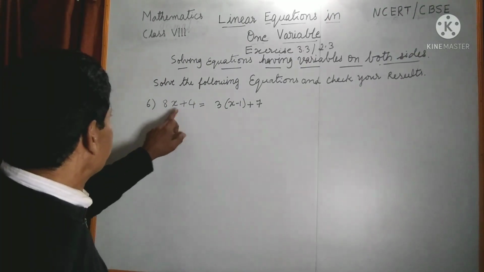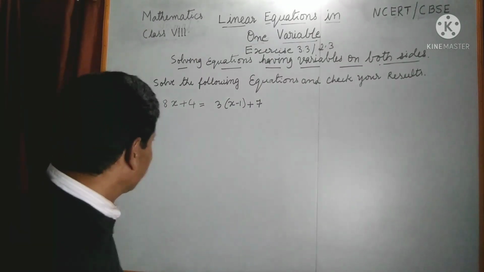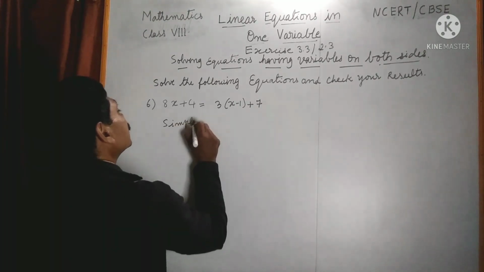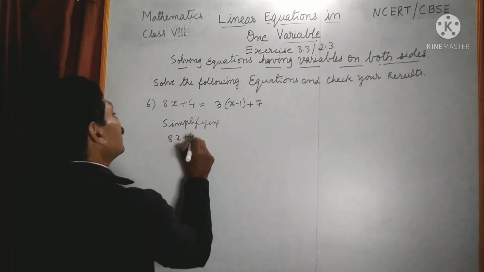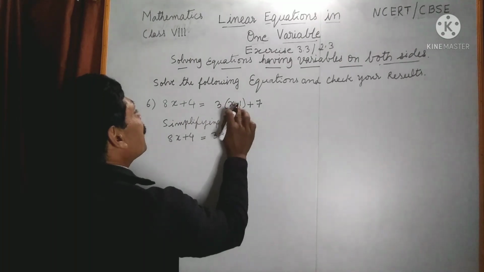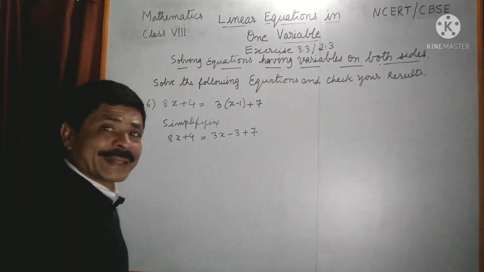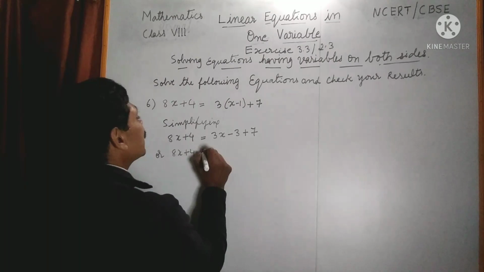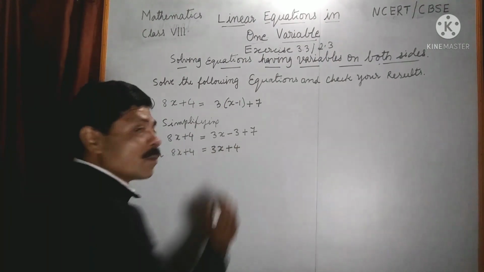Question number 6. 8x plus 4 is equal to 3 into x minus 1 plus 7. Now, simplifying, let us write 8x plus 4 is equal to 3 into x is 3x minus 3 into 1 is 3 plus 7, or 8x plus 4 is equal to 3x plus 4.